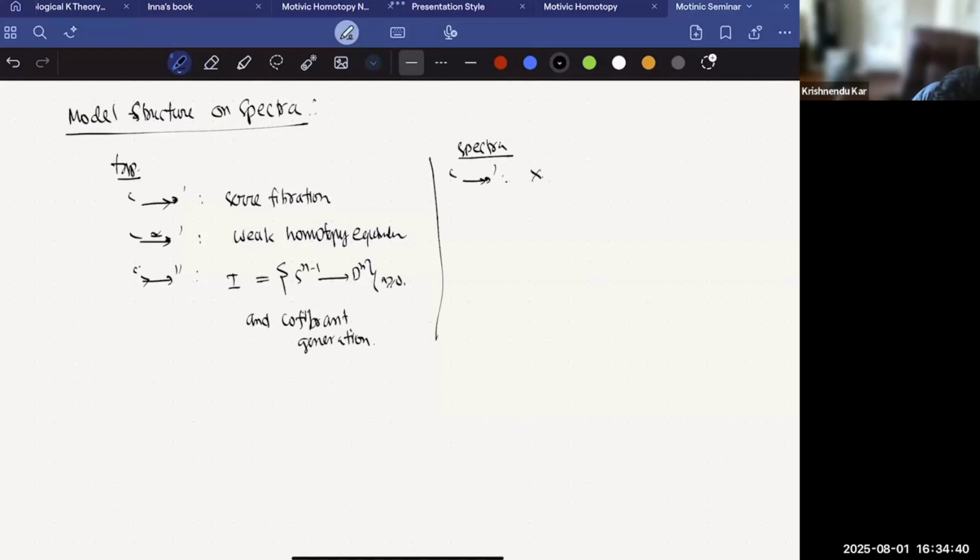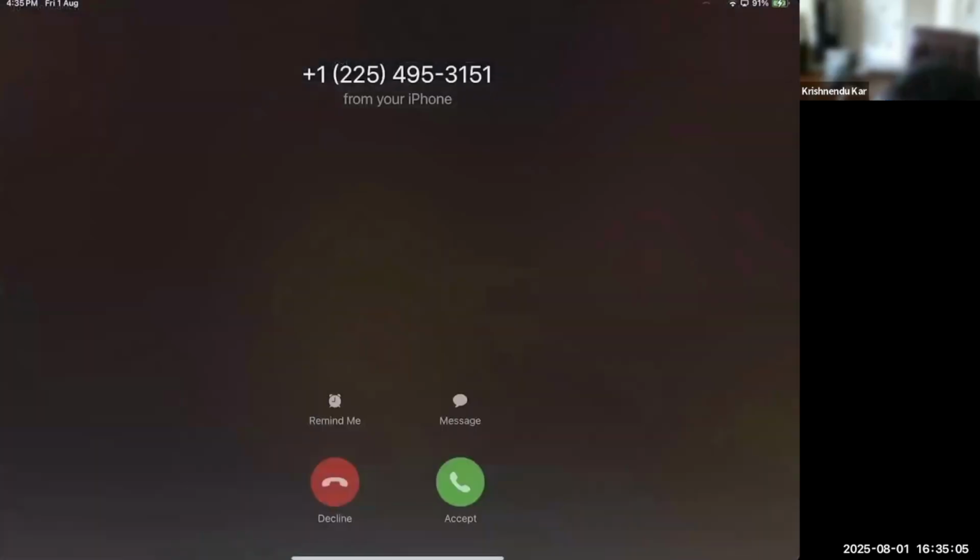Your fibrations are your level-wise Serre fibrations, such that it commutes, I mean, it definitely commutes. These squares are homotopy pullback squares.